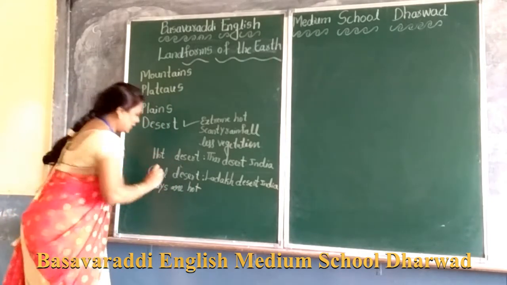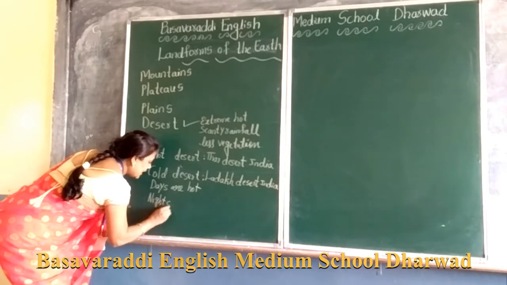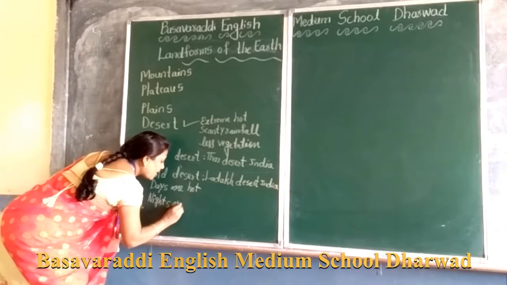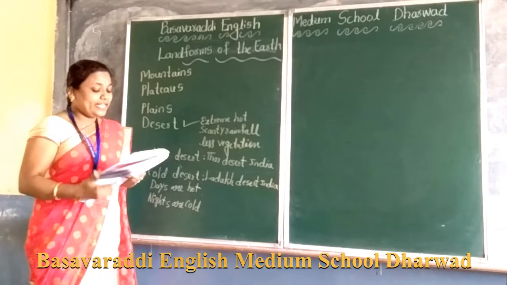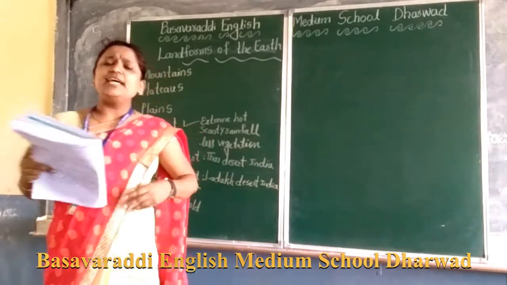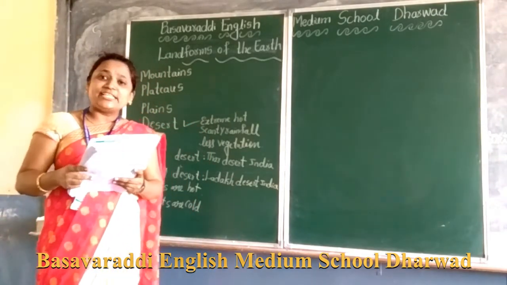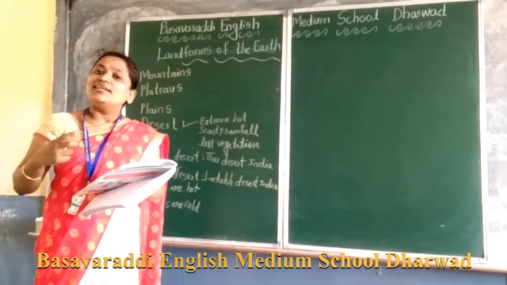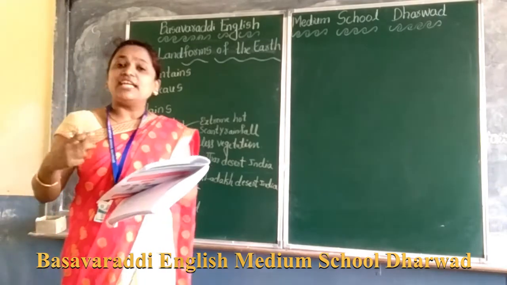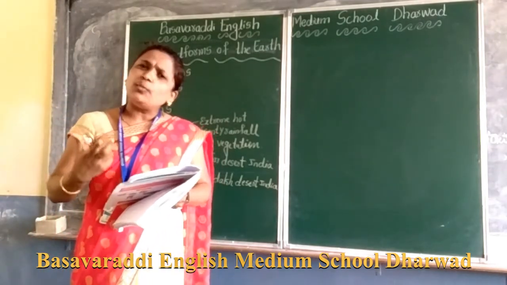Here days are hot and nights are cold. It experiences strong winds and dust storms that form sand dunes or sand hills. Then what do you mean by sand dunes?